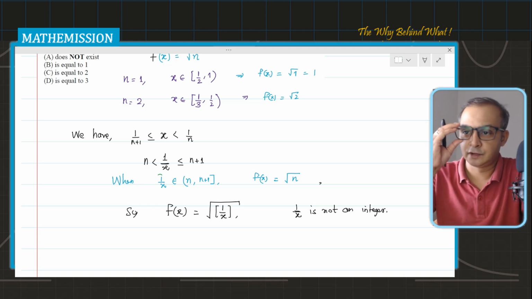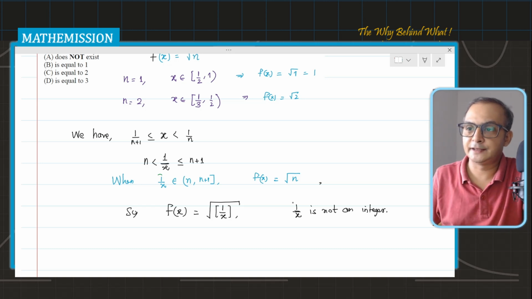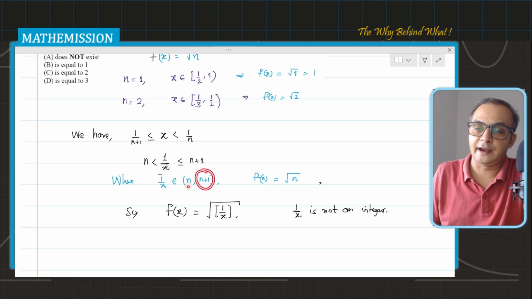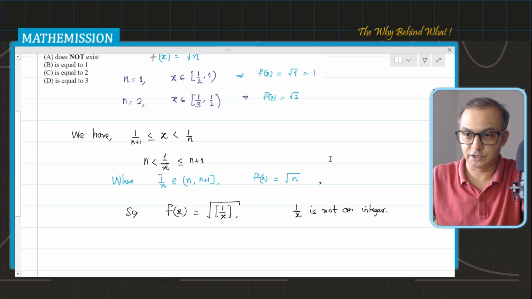Let us see how. Suppose I'm substituting 1 by x as 2. If 1 by x is 2, what is the meaning of that? It will become n equal to 1. So let us take 1 by x as not an integer and see what will be the consequence, whether we can find the limit or not.